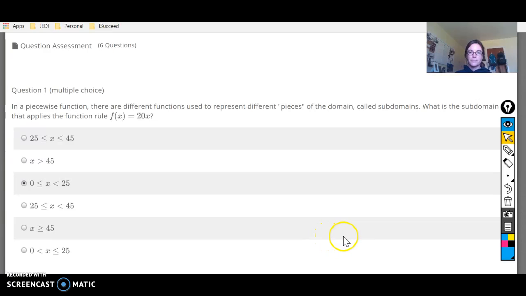If we make our coordinate plane like this, where we've got cost on the y-axis and number of shirts on the x-axis, we can divide this into 3 subdomains. We've got 25, and anything less than 25 is going to be 20x.